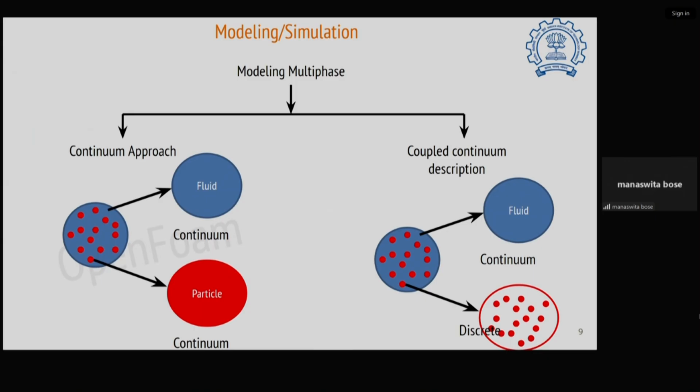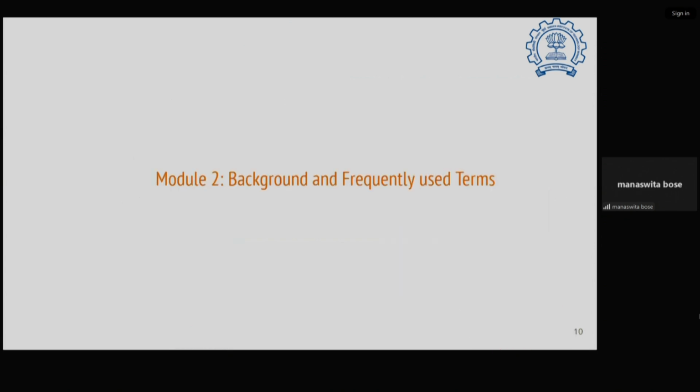And in the coupled continuum discrete approach, the particles are assumed to be discrete or distinct elements, and Newton's second law of motion, that is conservation of linear and angular momentum, is solved for individual particles. Coarse grain models are also there, and understanding how coarse graining affects the macroscopic behavior is also a part of research. So it's a wide area that one can work on, and research is going on.